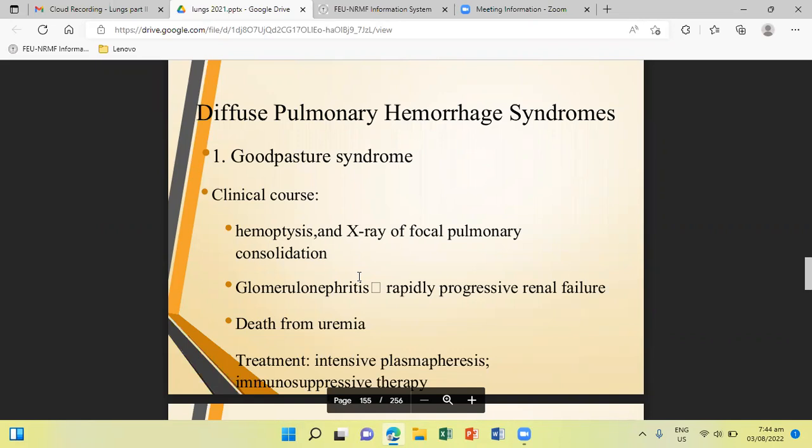On the other hand, for the renal, it is again, as I have mentioned, in the form of glomerulonephritis. Particularly, the kidneys have either the characteristic focal proliferative glomerulonephritis or crescentic glomerulonephritis, which may progress to rapidly progressive glomerulonephritis.